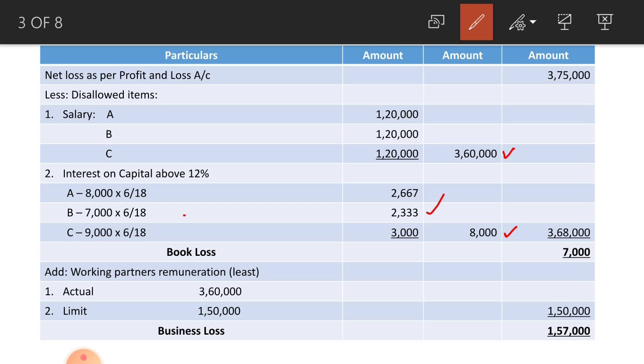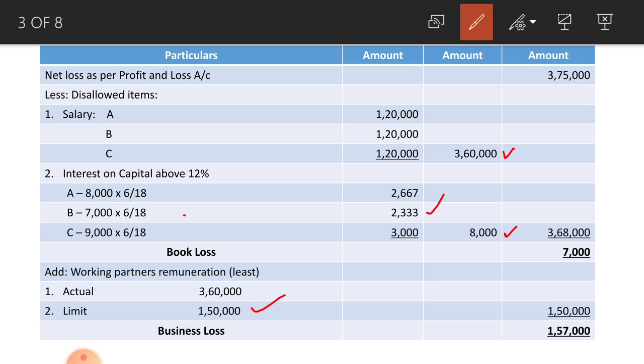When there is a negative income, that is when there is loss, the statutory limit is 1,50,000, as we discussed in the previous problem. Go through that session, that is previous session. So here actual remuneration of working partners 3,60,000 or statutory limit 1,50,000, whichever is less you have to consider.